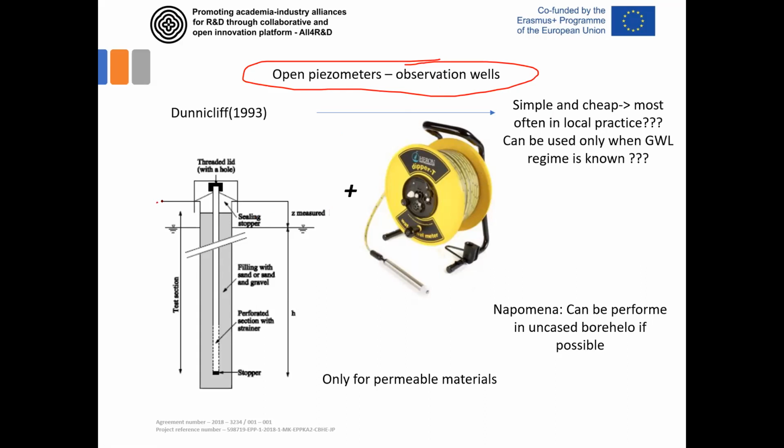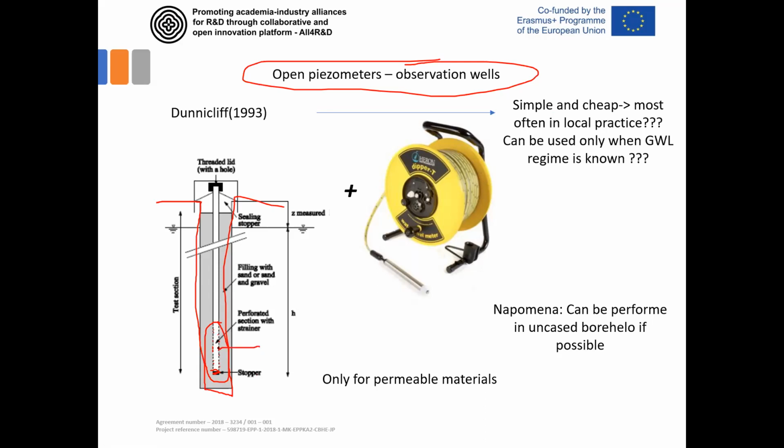It's a very simple construction. You perform a borehole and then install this plastic or steel pipe that is perforated at the bottom. It has a stopper at the bottom, but there is some space for the water to enter this pipe.